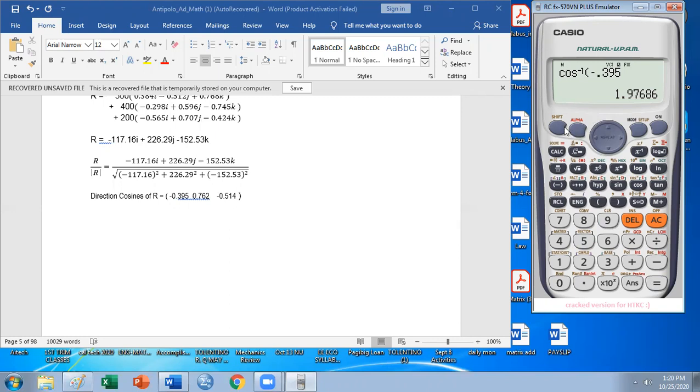That is in radian mode, no? Switch to degree mode. So 113 degrees. If you draw that, for example, which octant is this? Where is it pointing? So if this is X, this is Y, this is Z, where does it point? When negative, it is somewhere there.